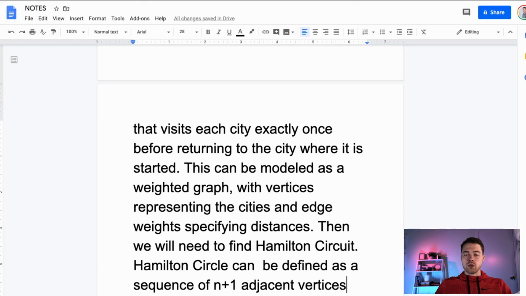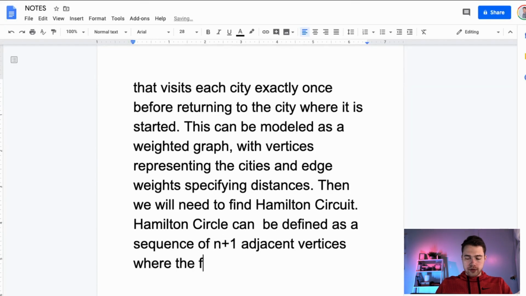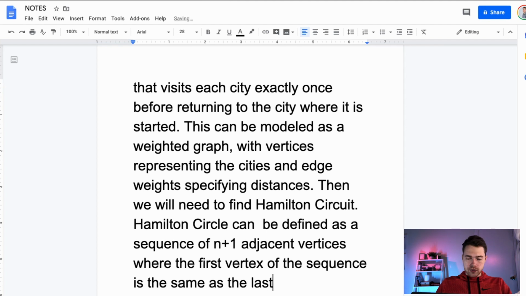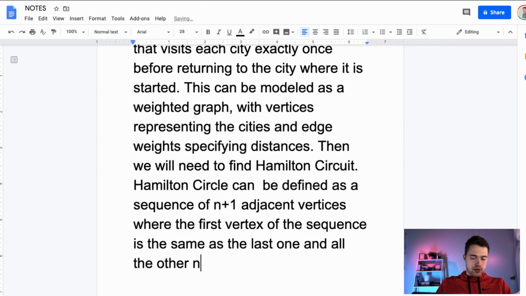That's why it's n plus 1. The first vertex of the sequence is the same as the last one, and all the other n-1 vertices are distinct.